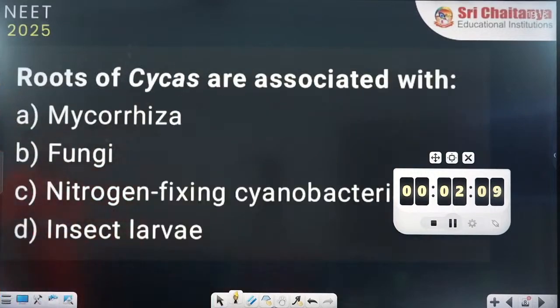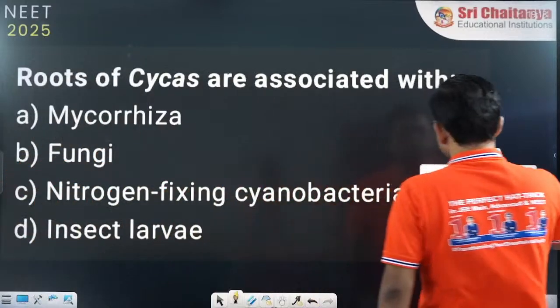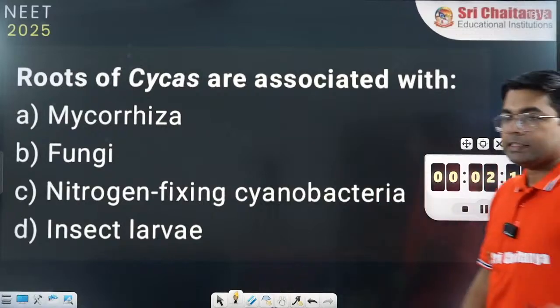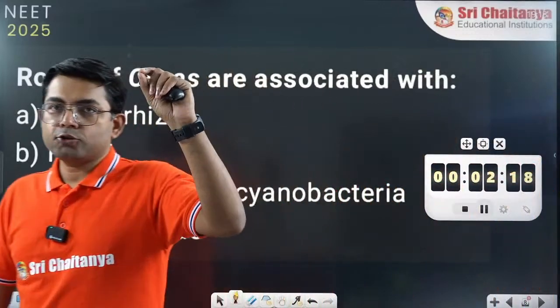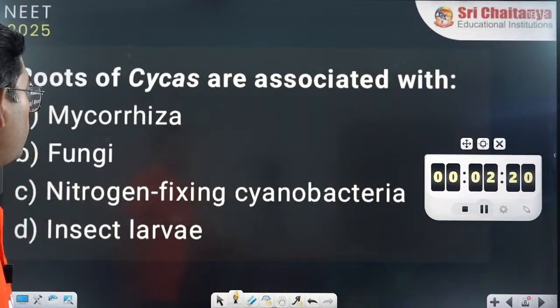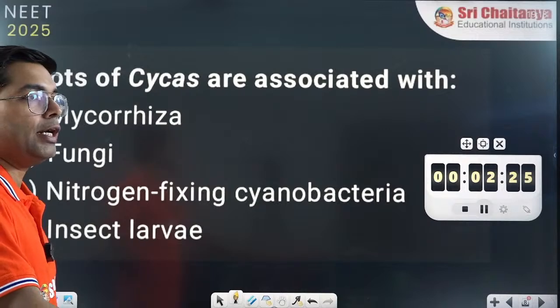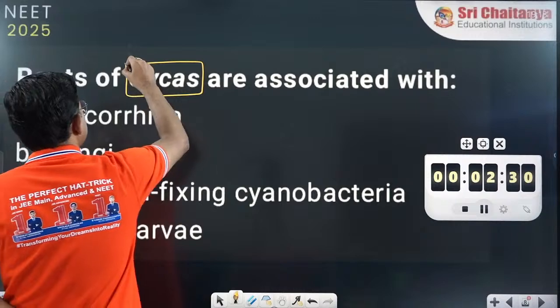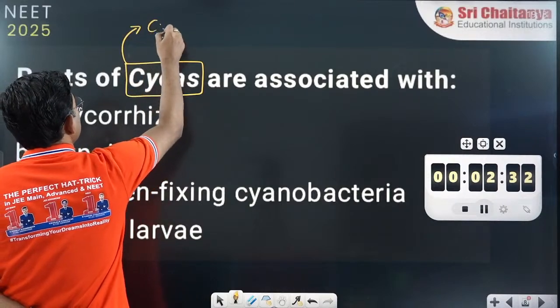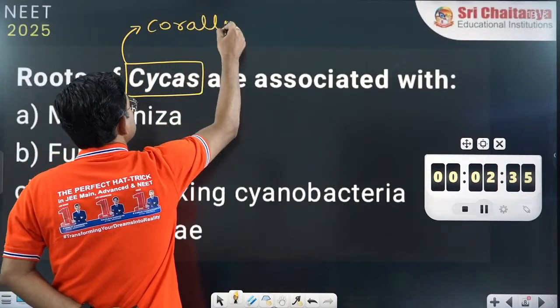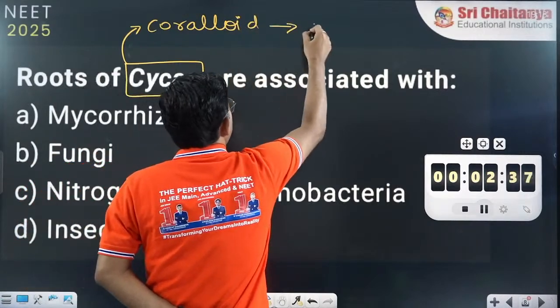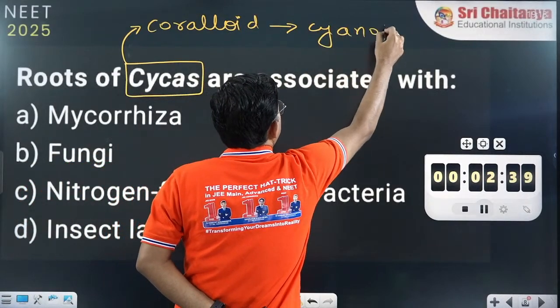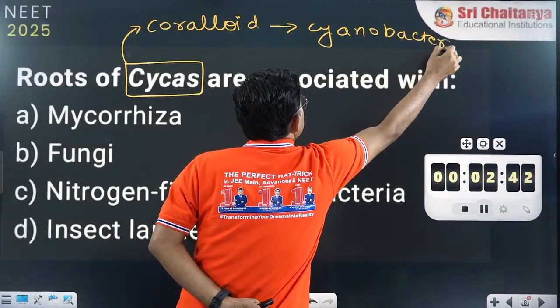Next question. Root of Cycas is associated with... Remember, I have told C4, right? So C, 3C I have told. What will be the answer? Root of Cycas is associated with coralloid and cyanobacteria. Understood?